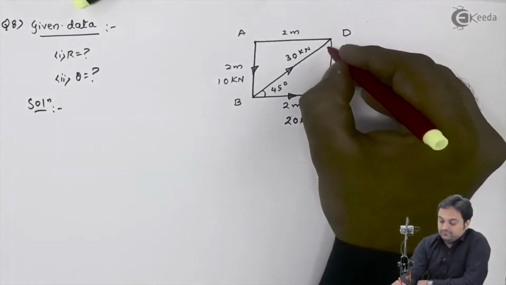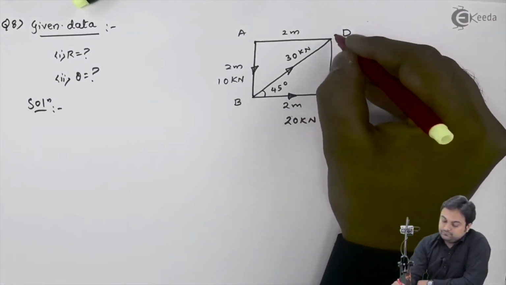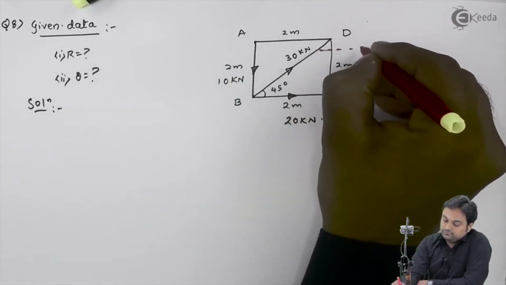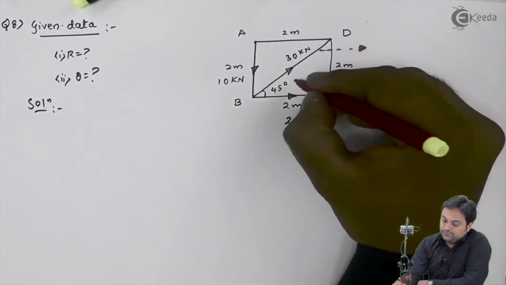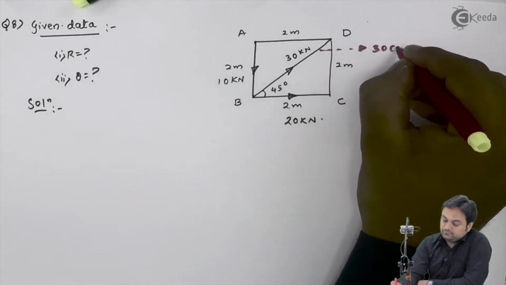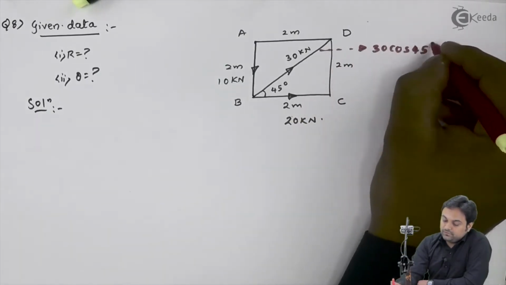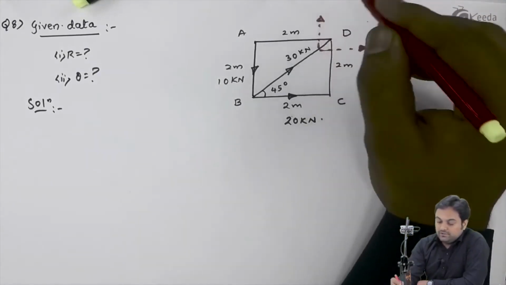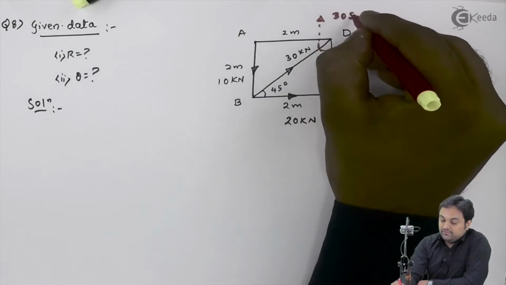If I resolve, I can write it here. Horizontal component will be 30 cos 45, vertical component 30 sin 45.